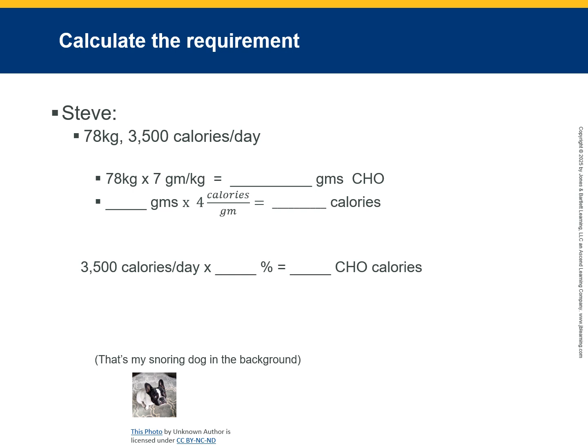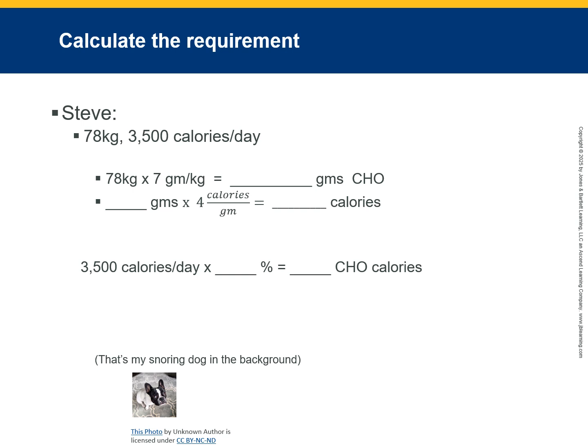Now, if we want to determine how that fits with his percentage of total calories, because that's important to do as well, we take those grams, 546 times 4 calories per gram, and we end up with 2,184.